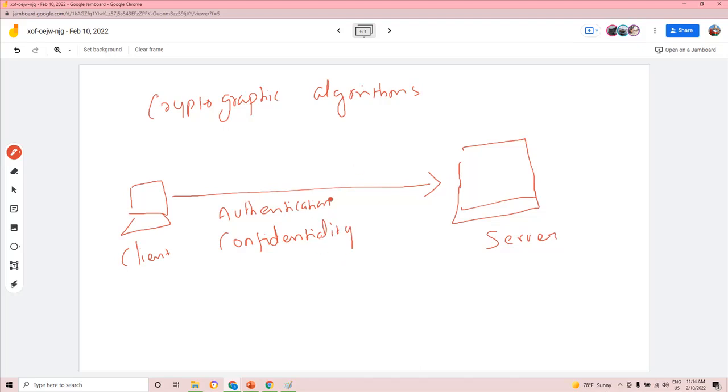Confidentiality can be given using encryption. So students, you need confidentiality and you need authentication.